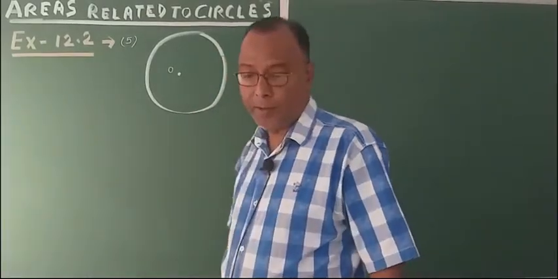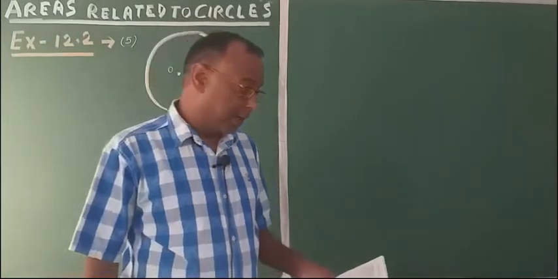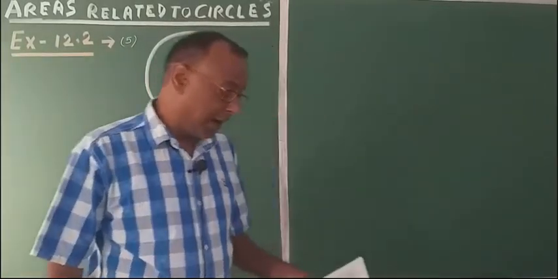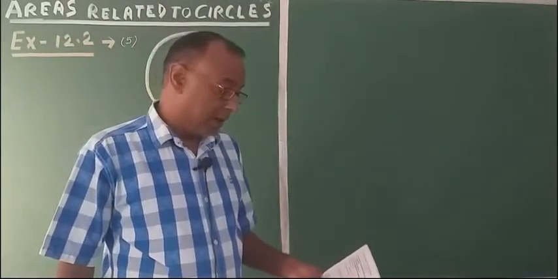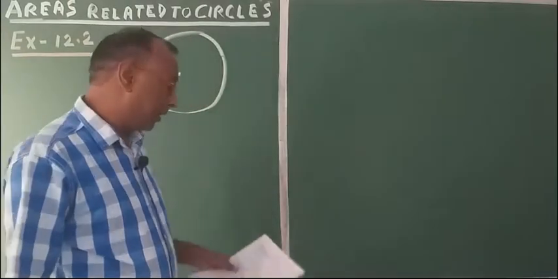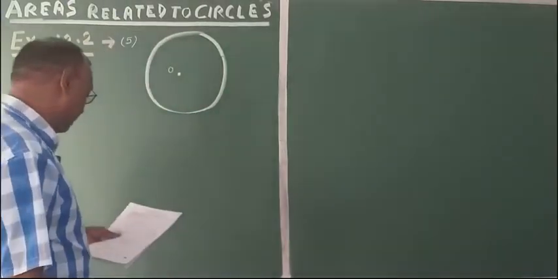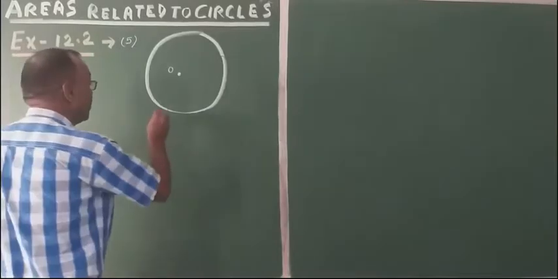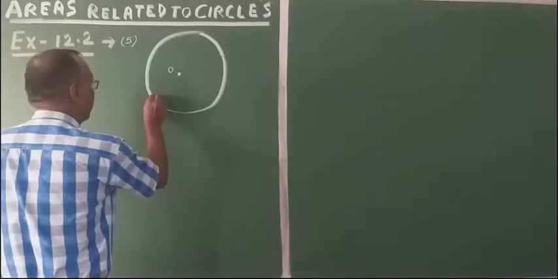Question number 5. In a circle of radius 21 centimeter, an arc subtends an angle of 60 degree at the center. Suppose this is the arc AB, from here to here.